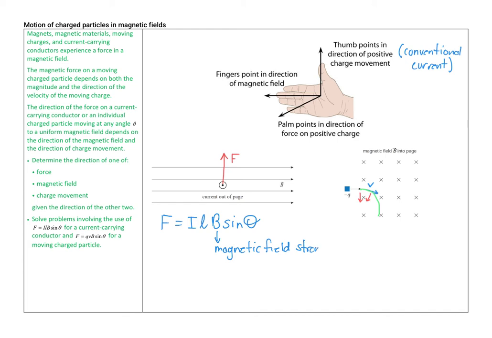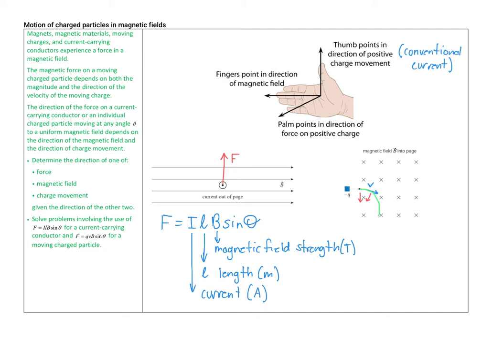L is the length of the wire. L is the length in meters. And I is the current in amps.